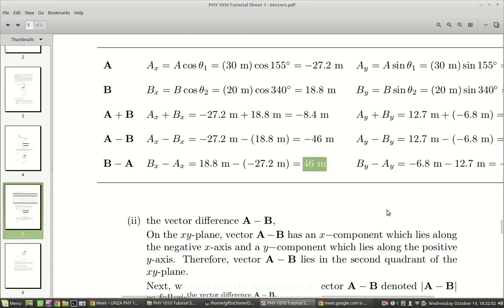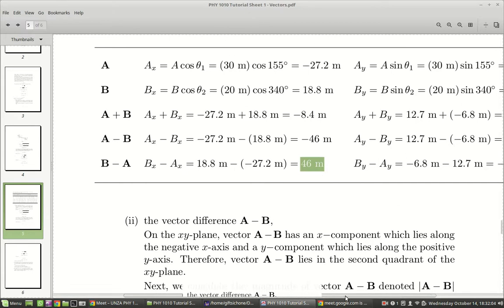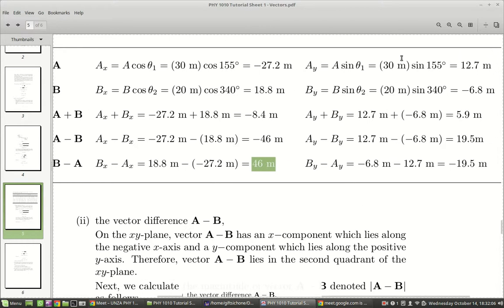The y component of b minus a is minus 19.5. So the x component is 46, and the y component is minus 19.5.